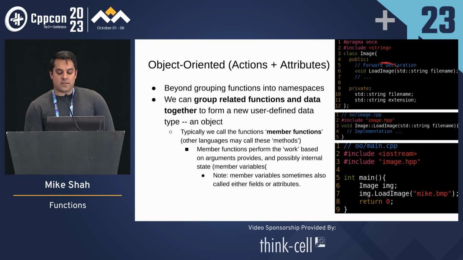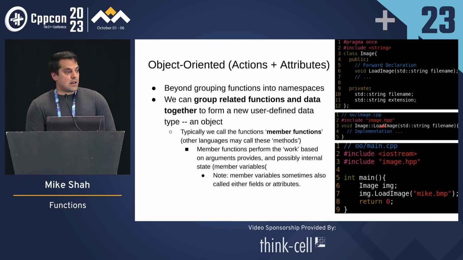You can imagine a bunch of different member functions here, and some common data associated with our images: a file name, extension, so on. So these are our functions, but specifically when they're within a class, within that scope, we call them member functions. Other languages call them methods. You'll probably be forgiven if you mix them up, but I tend to see member functions in most of the documentation for C++. So that's the idea there.